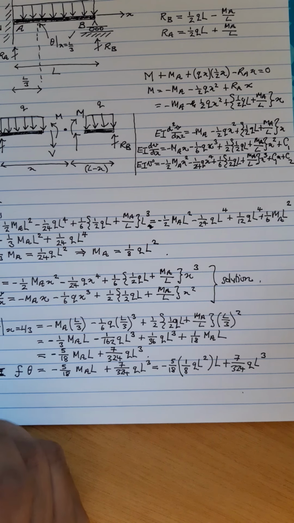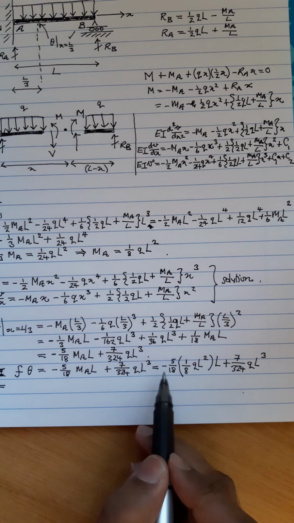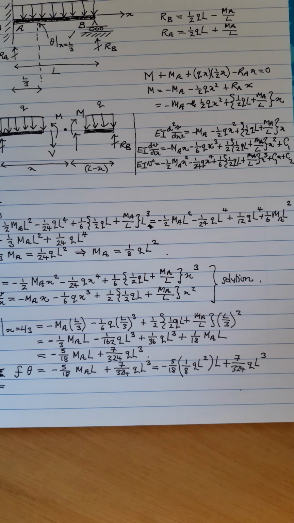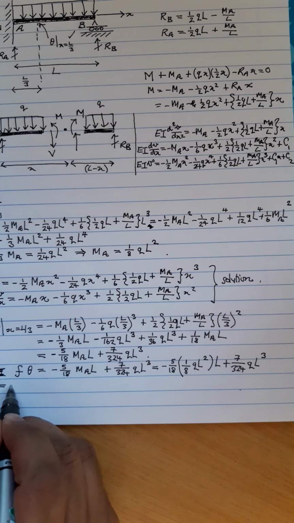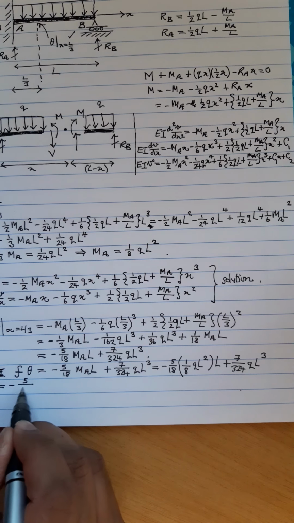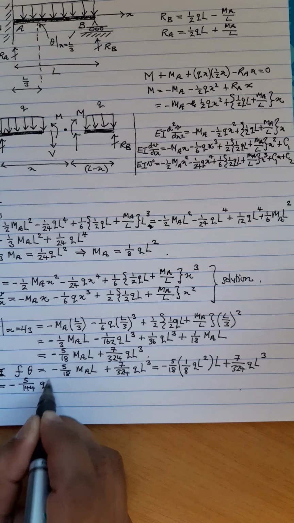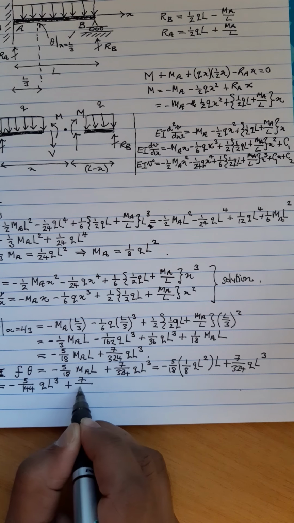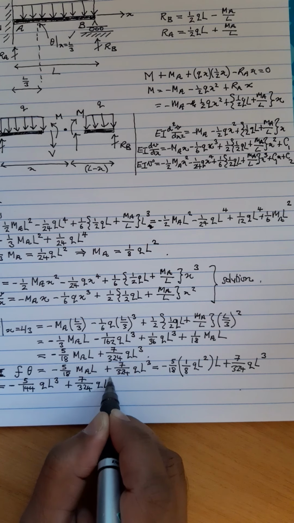We just then simplify it. 5 over 18 times 1 over 8, which is minus 5 over 144 QL cubed plus 7 over 324 QL cubed.